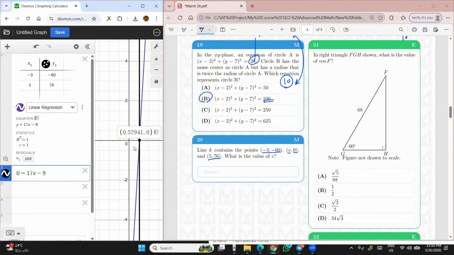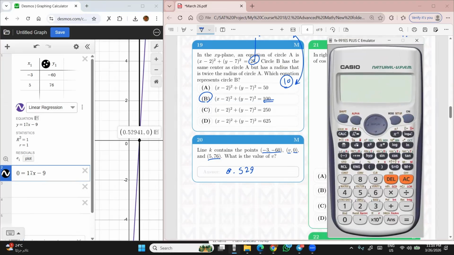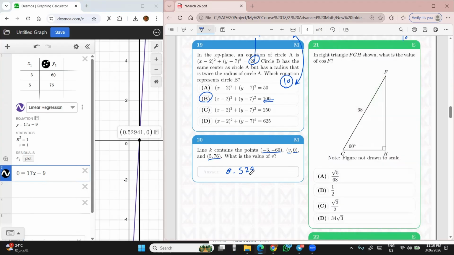It can be written like this in the exam, 0.529. That's enough. Or you can just put this on the calculator, maybe the regular one. You can write 0.52941 equals, maybe sometimes you press SD, you get the fraction, but it's okay to write as a decimal.